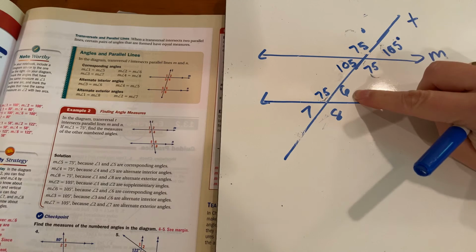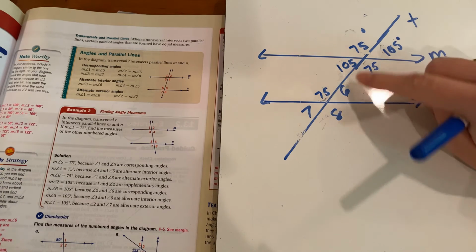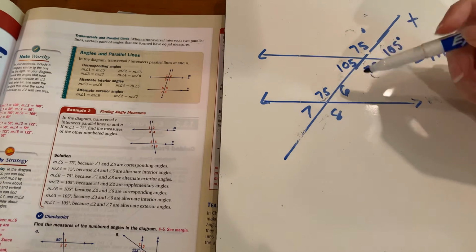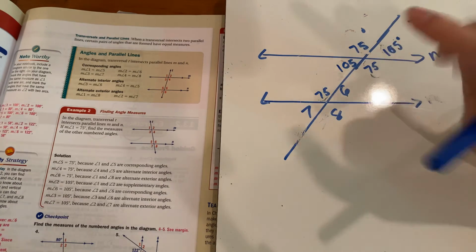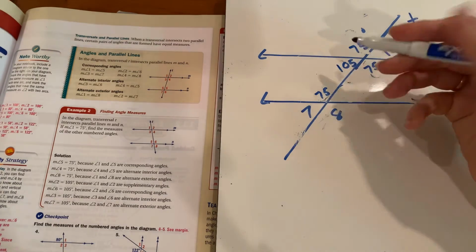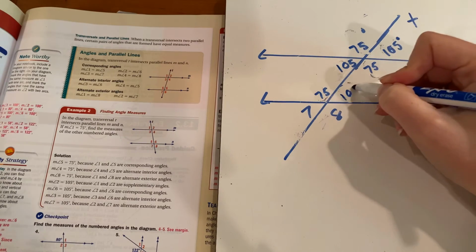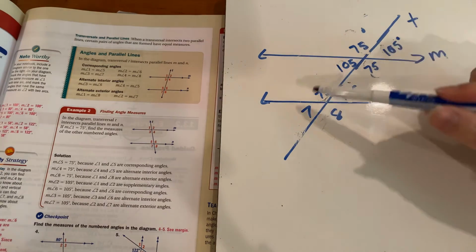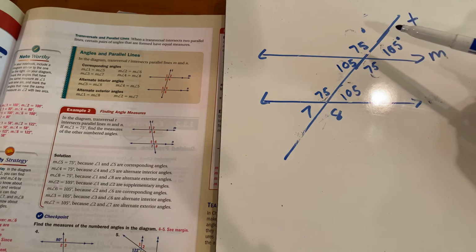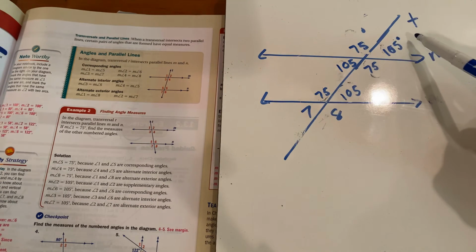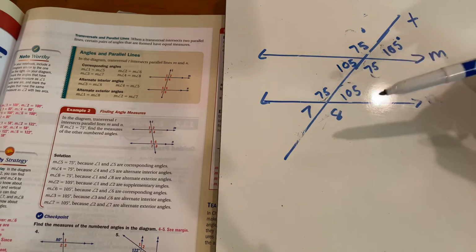6's alternate interior angle was originally 3, which is right here. If its alternate interior angle measures 105, that means 6 is 105. And so now we've done all of our interior angles. Now we just have to do our exterior angles. So remember, our exterior angles are the ones opposite to each other.